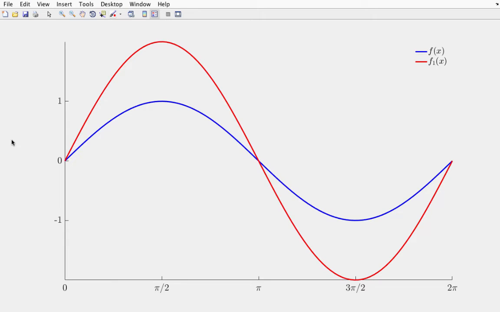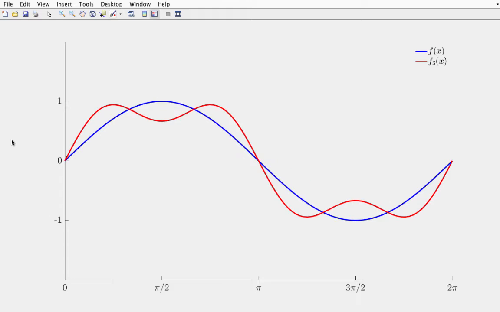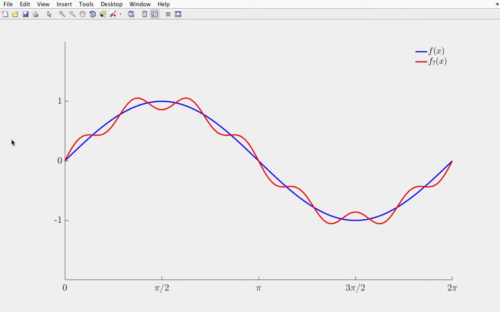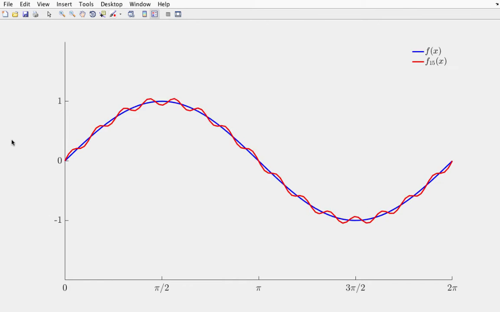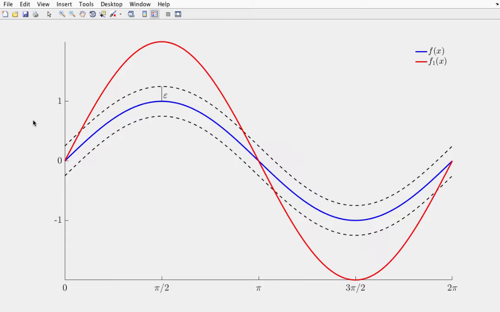Here we see an illustration of our function f of x in blue and f_1 of x in red. As n increases, we can see that f_n of x grows closer and closer to f of x. Hopefully we notice that it does so uniformly, in the sense that there's no one point that lags behind the rest. Here we see in blue again f of x, and in red f_1 of x.